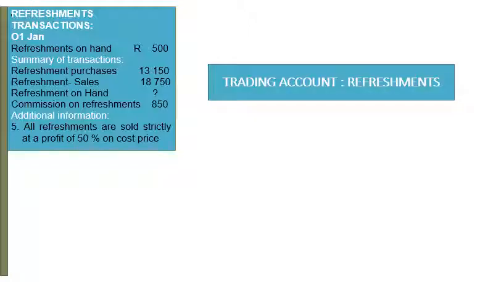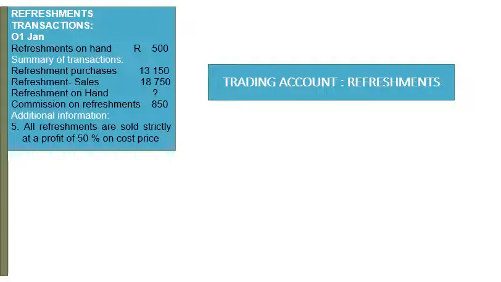refreshments. These are the transactions that affected refreshments. At the beginning of January, refreshments on hand amounted to 500, while during the year, refreshments were bought at an amount of 13,150, while the sales of refreshments amounted to 18,750.